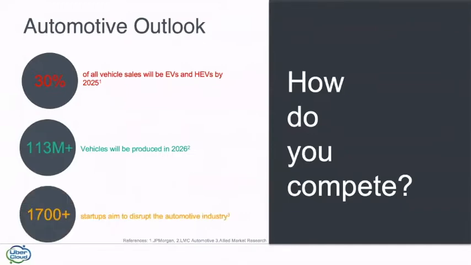And right now, there are more than 1,700 startups working on technologies to disrupt the automotive industry. So all these point out that companies will be running more and more simulations to stay competitive. And with all the competition, it will really become critical for them to cut development and production costs and speed up their time to market.